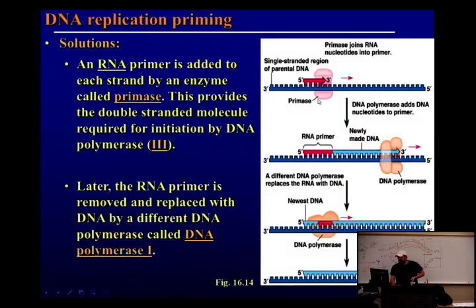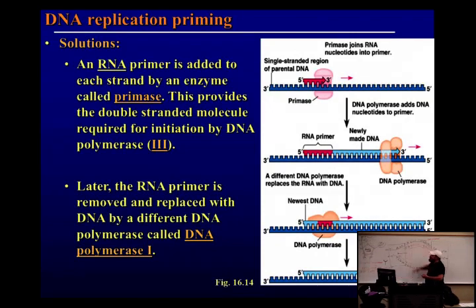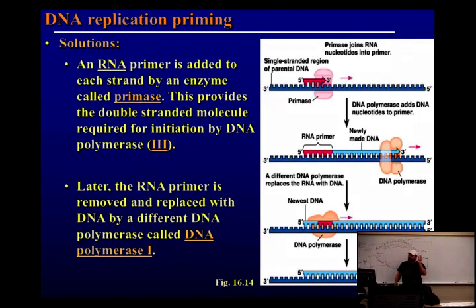All right. So we talked about the primer laid down by the enzyme primase. What I didn't tell you is that the enzyme that specifically copies, this one I've drawn on the board in red, is called DNA polymerase 3. So there's a 1 and a 2 and a 3. Why do you think it's called 3?